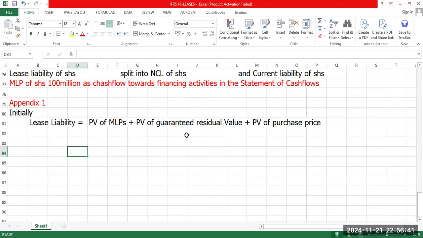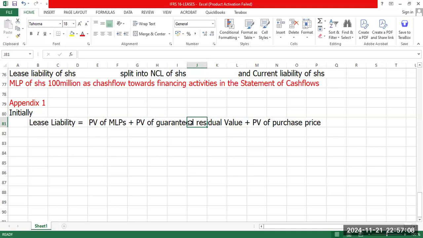You handle, because in the question we don't have residue value, we don't have guaranteed residue value. And colleagues, this guaranteed residue value is different from residue value. Look at residue value as scrap, but this guaranteed residue value is not scrap.